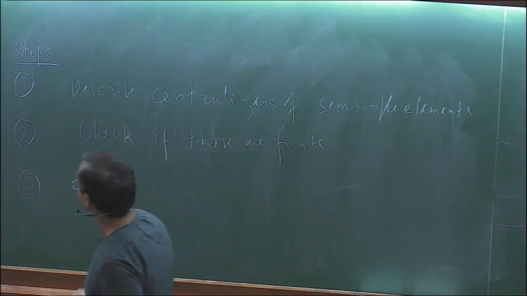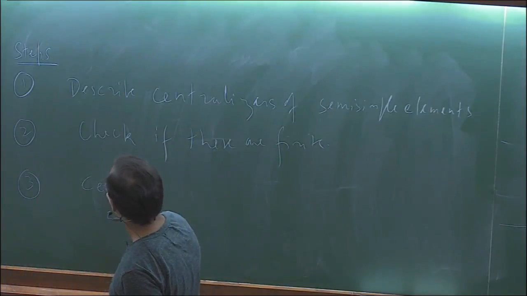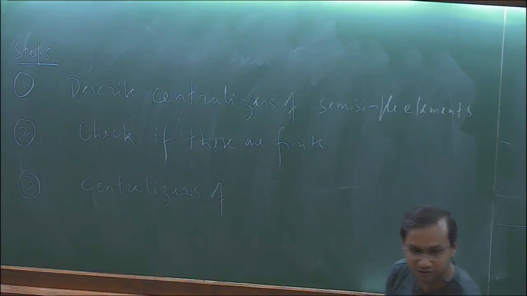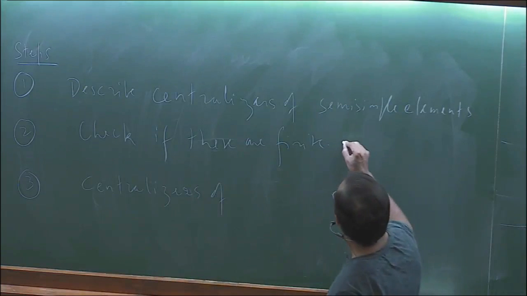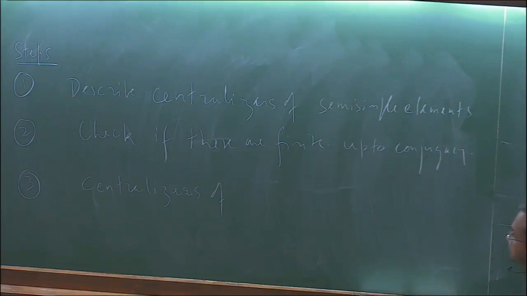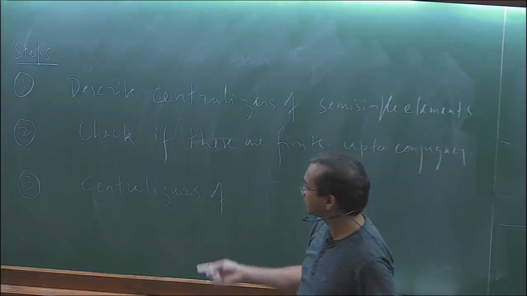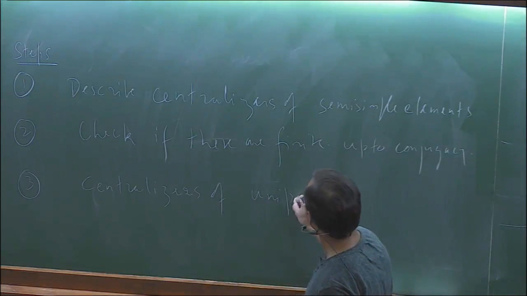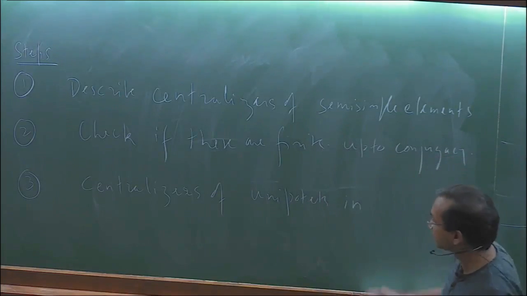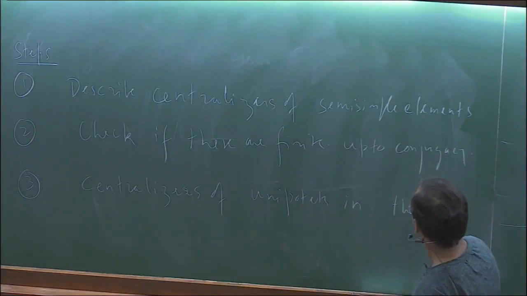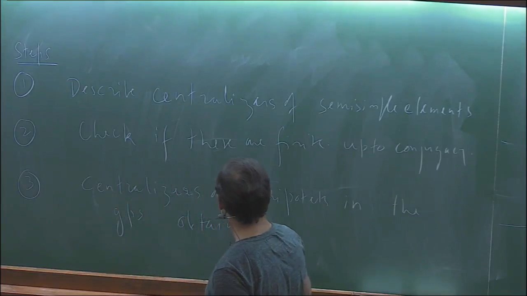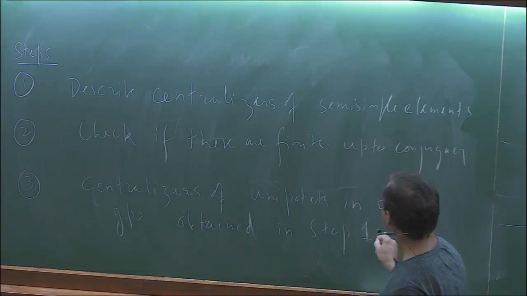So the third step is centralizers of unipotents in the groups obtained in step one.